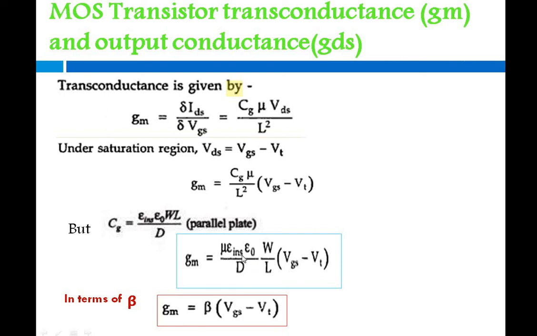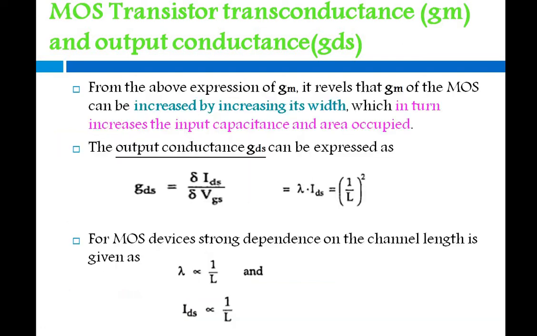And it will be inversely proportional to the length of the channel. The length will be decreasing, yes or no? So from the above equation you can say that the transconductance Gm of the MOS transistor can be increased by increasing its width as well as its input capacitance, and so the area occupied. So the output conductance GDS can be expressed now.